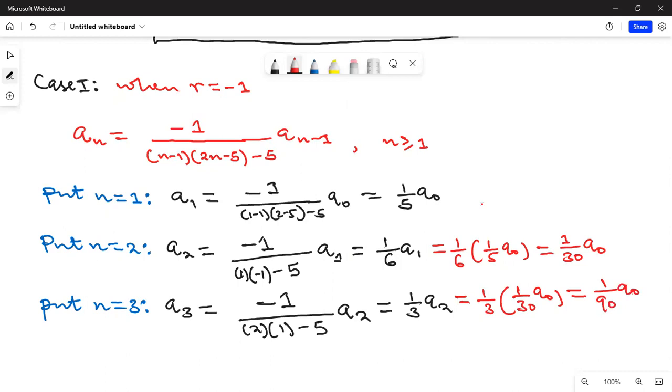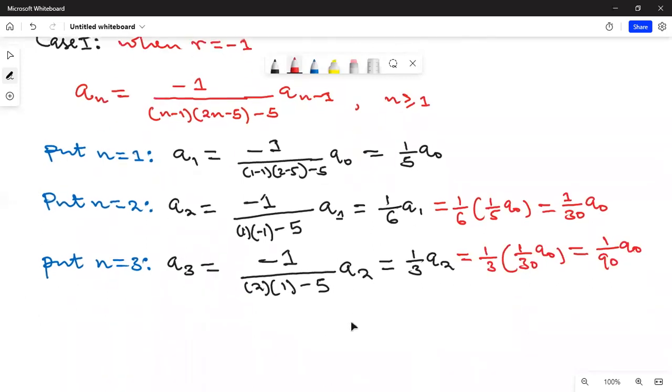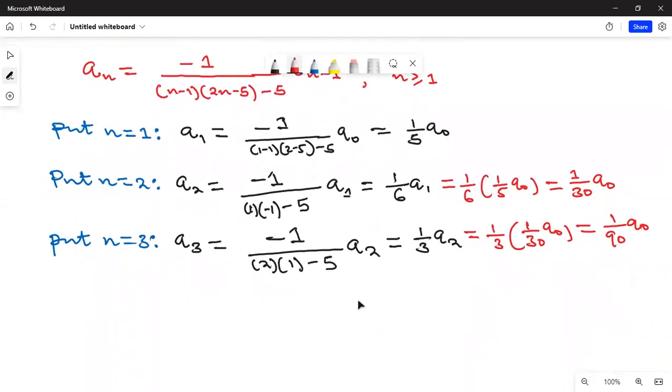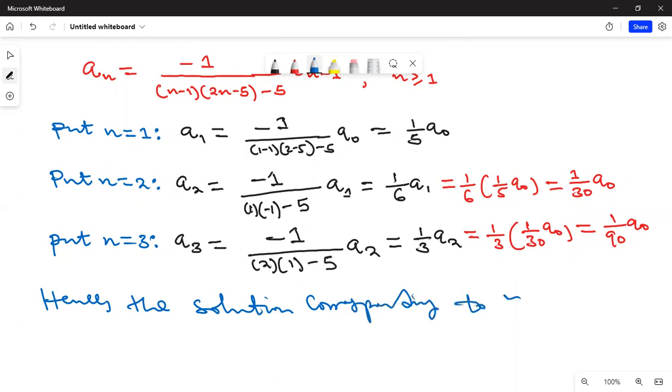As long as we know how the series starts, there's no need of calculating the other higher values of n. So we can stop there for this case and then therefore say that our solution corresponding to this value of r is given by, so you can just say hence the solution corresponding to r is equals to -1.